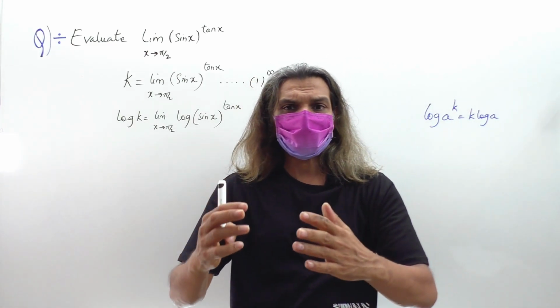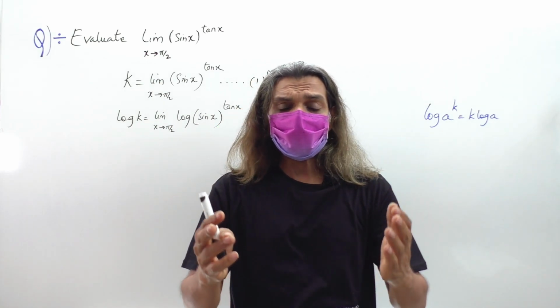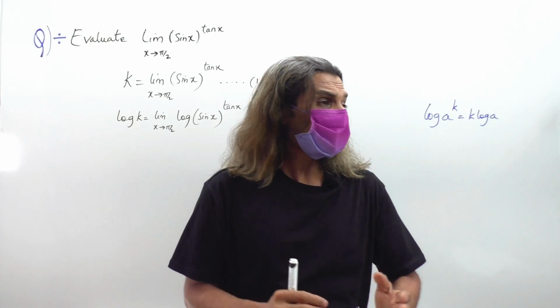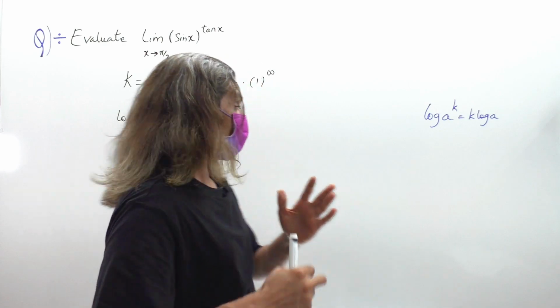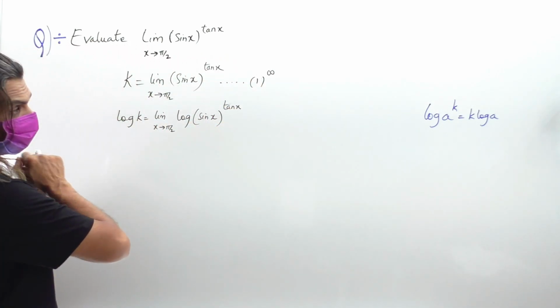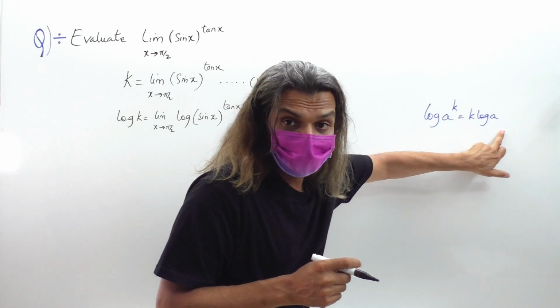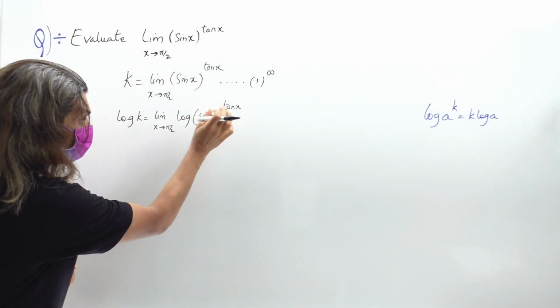To solve any standard questions, multiplication, division, raised to power is not allowed in mathematics. That's why when you apply log, a raised to k is k log a, that k comes down.